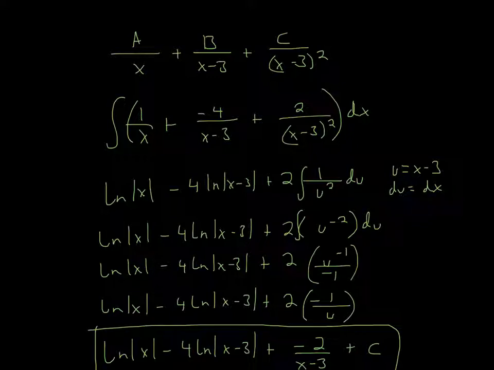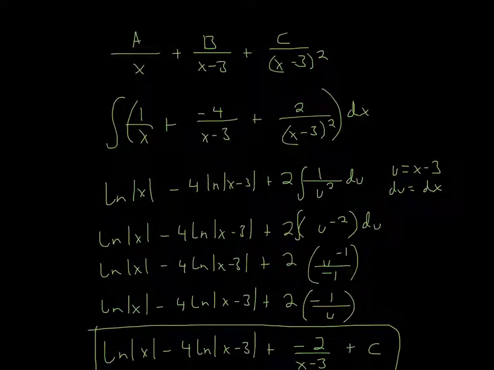So since this is u to the negative 1, we can bring it to the denominator, so it'll be u to the 1. Remember that since it's u to the negative 1, when we bring it to the denominator, there's still a 1 at the top, so it'll be negative 1 over u.